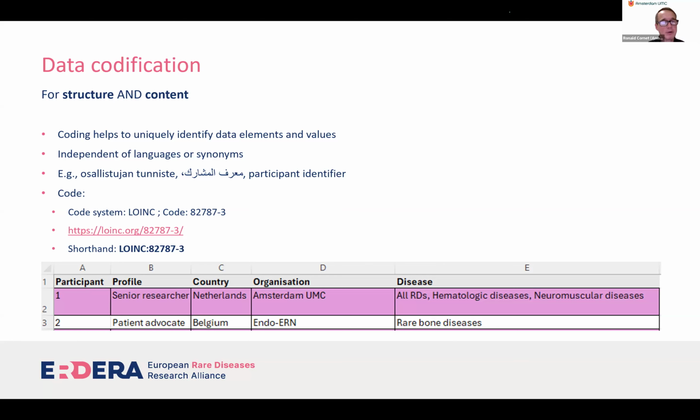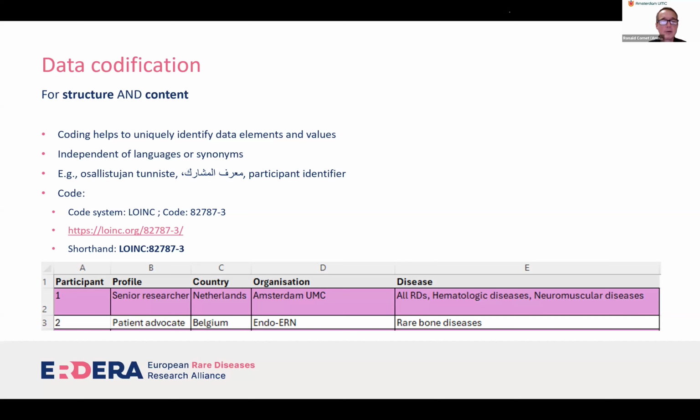So what we need to do is codify, add a code to, in this case, the data element participant identifier. And in this case, I chose a code system, which is called LOINC, which is a code system specifically providing observation identifiers. And a participant identifier is a kind of observation for which we can use a code.